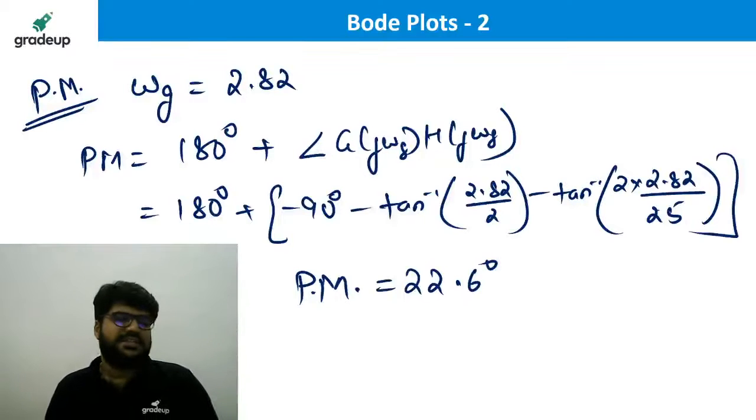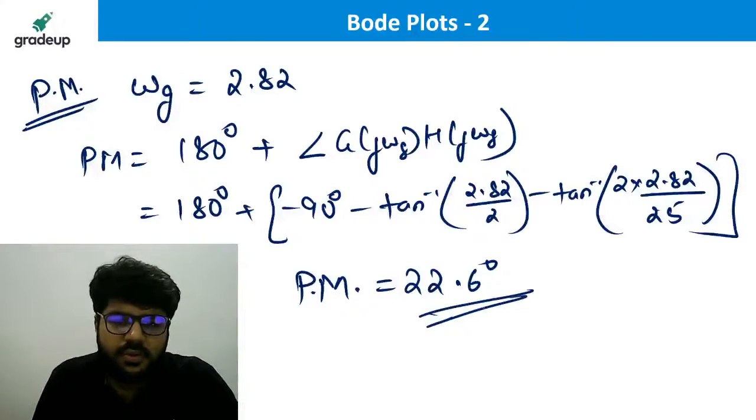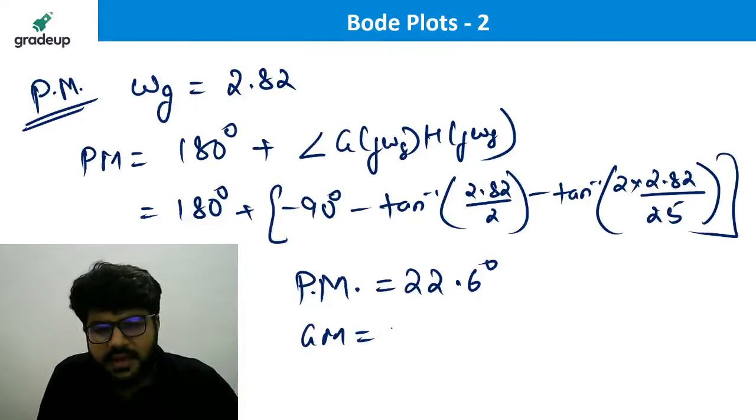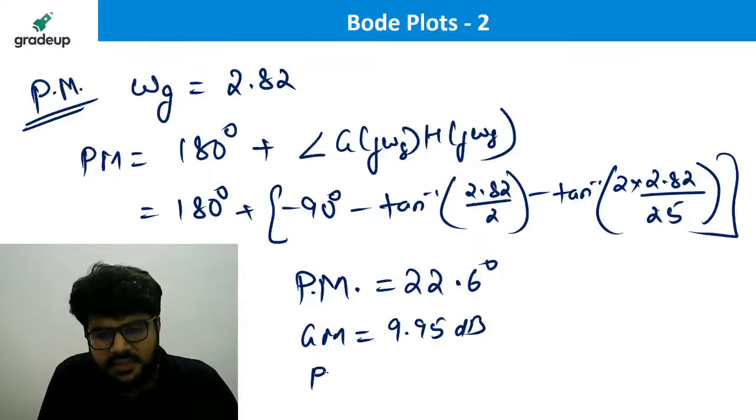Yes, 22.6 degree. Correct, I have also verified it. 22.6 degree, which is also positive. Gain margin was 9.95 decibel. Phase margin is 22.6 degree.